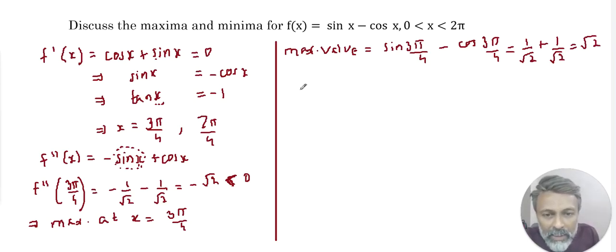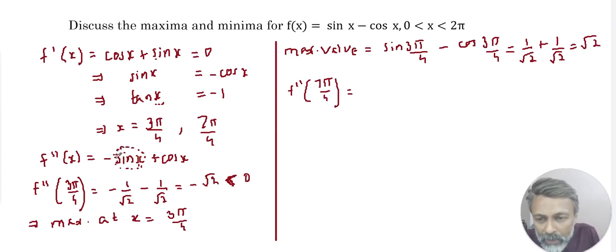Similarly, let us now get f double dash 7 pi by 4. And we know earlier we had got a negative root 2 here, so now we may get a positive. Let's verify. Let's substitute here. In place of x, put 7 pi by 4. You will go in the fourth quadrant.